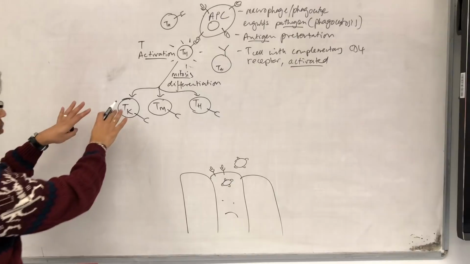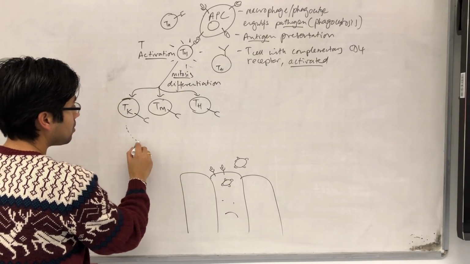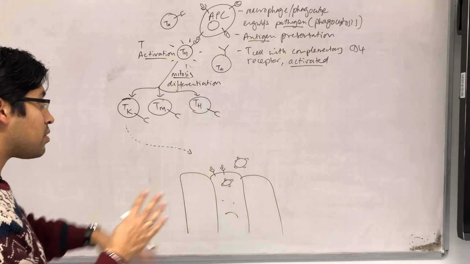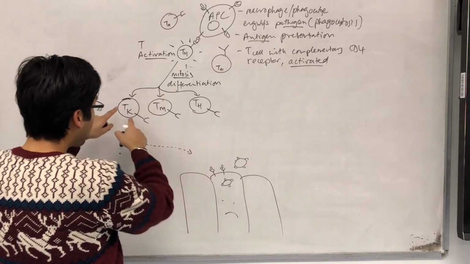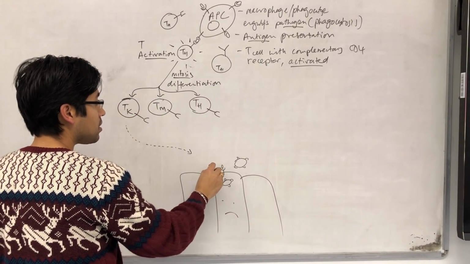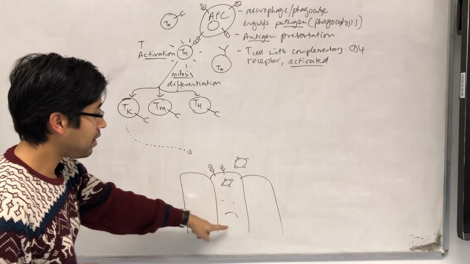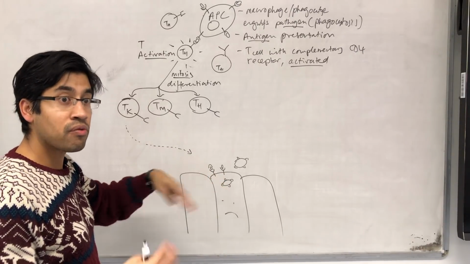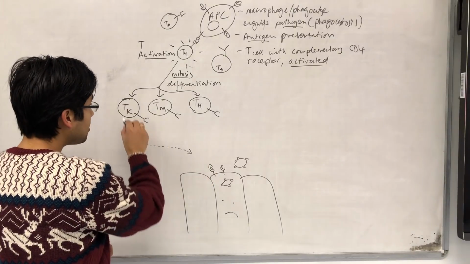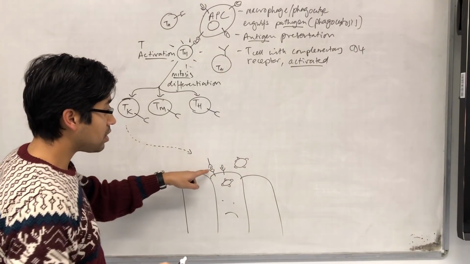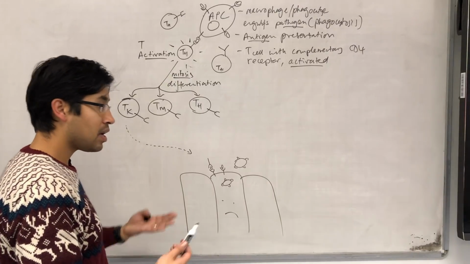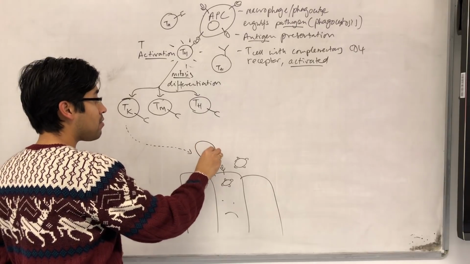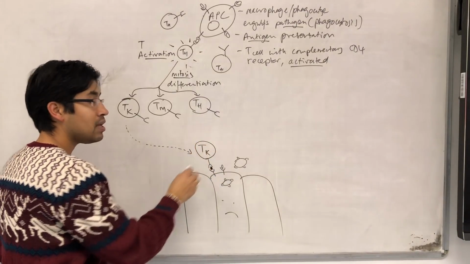Now, what these T killer cells do is they make their way, moving through the body in the blood and lymphatic system, and whenever their receptor encounters an infected cell, like this one, which on its surface is presenting the antigen of the thing that has caused its infection, the T killer cell recognizes that this cell has been infected and that it can recognize the antigen being presented, so it has latched on to an infected cell.